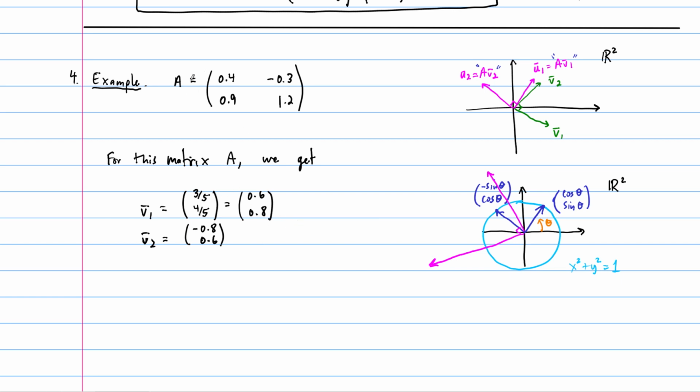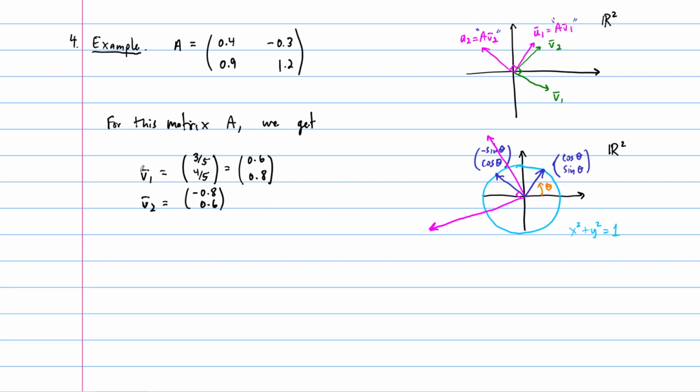Now, how would you do this? Well, you would multiply through and solve some equation. You need to work both of these out, with the cosine theta, sine theta, multiply it out, and you get vectors in terms of theta.